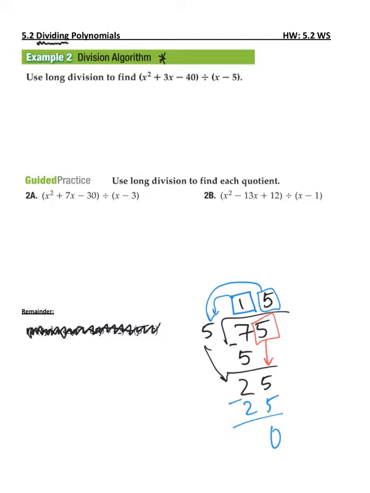I'm going to show you what that looks like. Here we've got x squared plus 3x minus 40, and we're going to set this up like a long division problem. We're going to divide that by x minus 5.